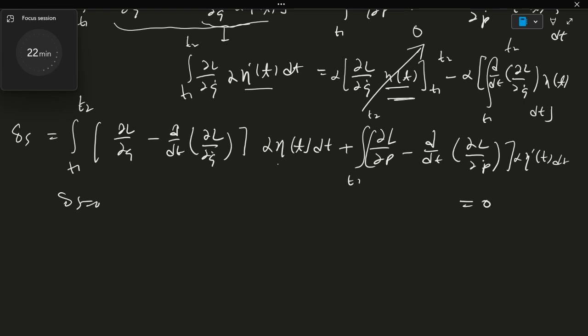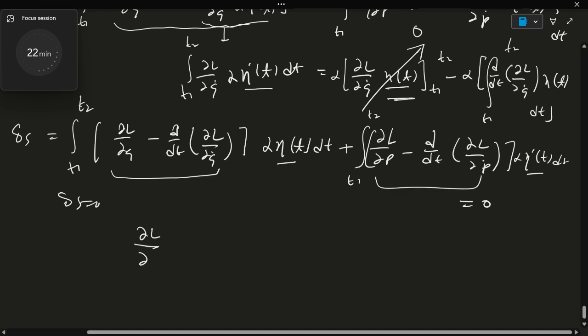Now your eta of t is an arbitrary continuous, well-behaved function, that is, its first and second derivatives are continuous. The eta prime is also some arbitrary function. So if this whole thing is 0, we can easily write down that this part is 0 and this part is 0. There is a fundamental lemma.